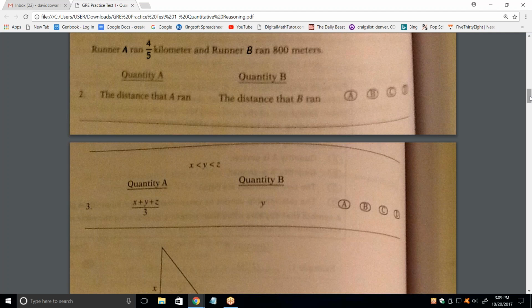So in a kilometer, there are 1,000 meters. And so what is 4/5 times 1,000 meters?